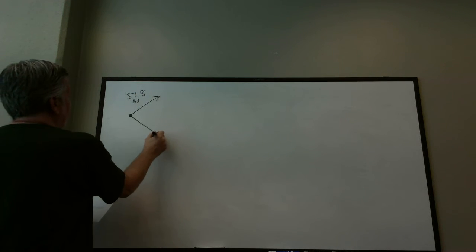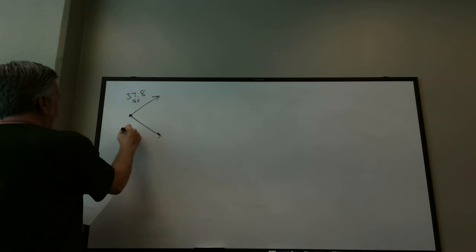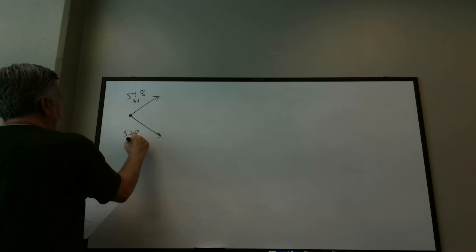So imagine there's, say, a desk or something, and you're attaching two ropes to it. One is pulling out here with a force of 37.8 pounds, and another one is pulling down here, I'm not trying to get this to scale, of 53.7 pounds.